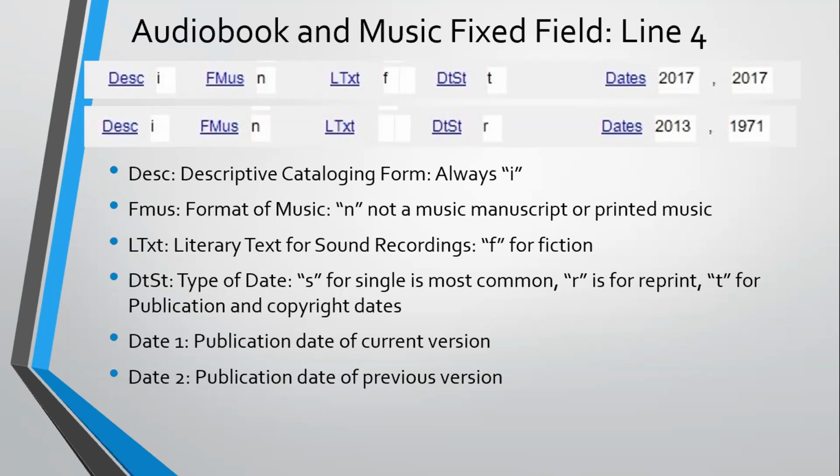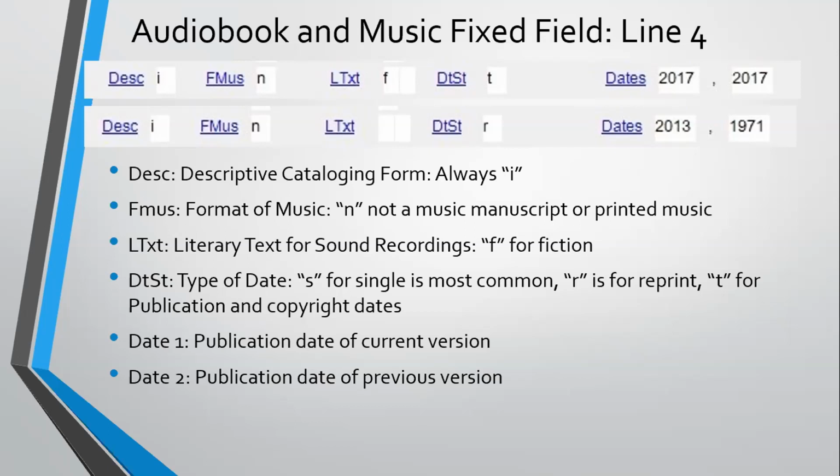Okay, DTST, the type of date, is the same as for other monographic type materials. So you can use code T if you have both a copyright date and a publication date, R for a reprint or a re-release, possibly, and S for single, which of course is usually most common.